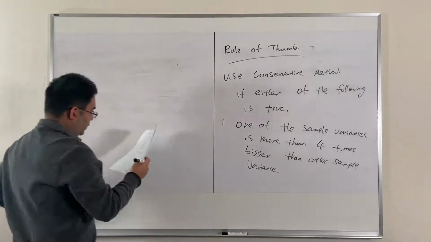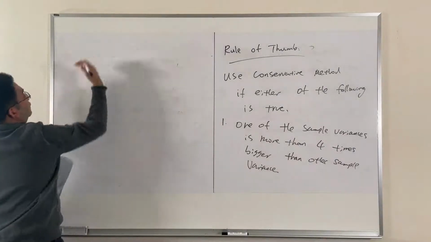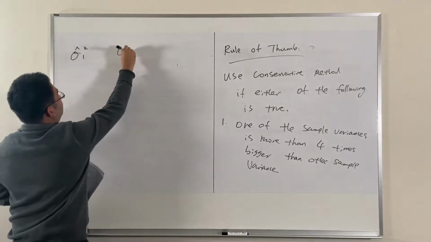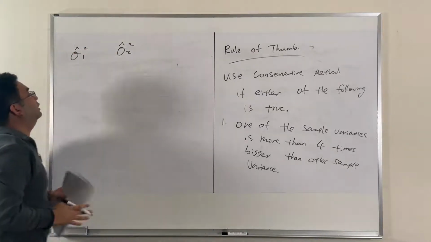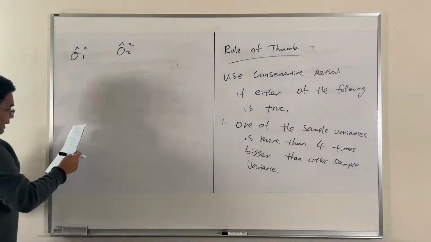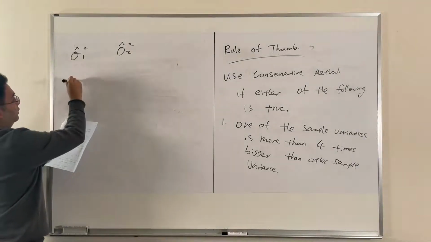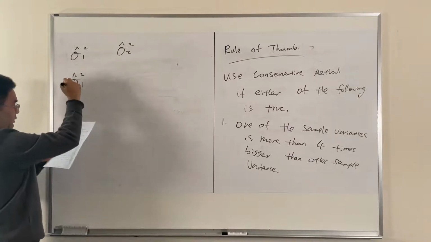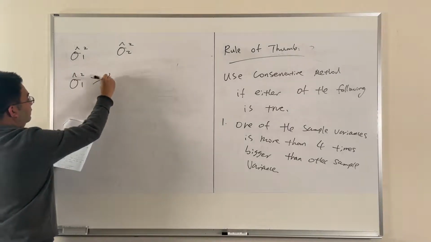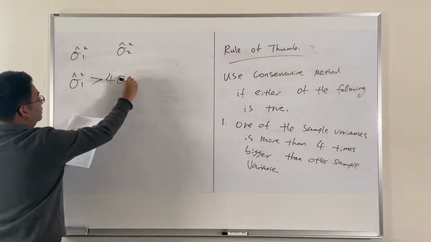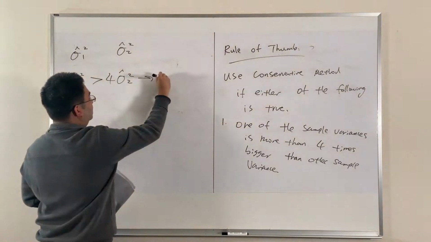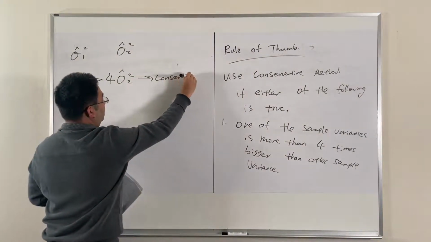Okay, so we have 2 samples. We have sigma 1 hat squared, a variance, and sigma 2 hat squared, another variance. If the first sample variance is bigger than 4 times sigma 2 hat squared, then you're going to use the conservative method.